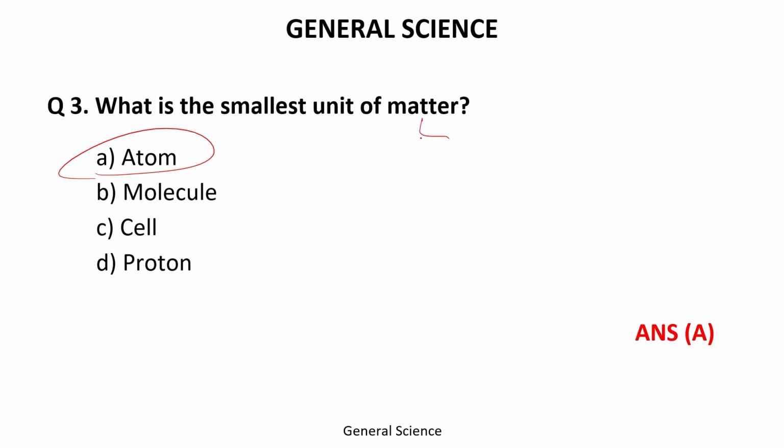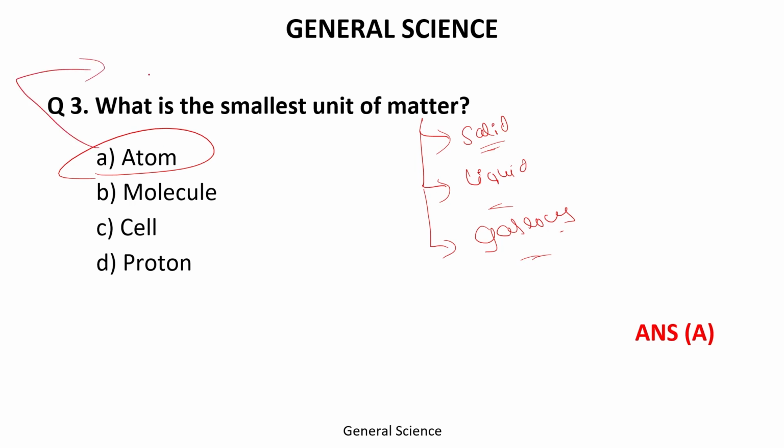If we talk about matter, matter is basically in three forms: solid, liquid, gaseous. Any matter can be defined as solid, liquid or gaseous only after the arrangement of atoms.